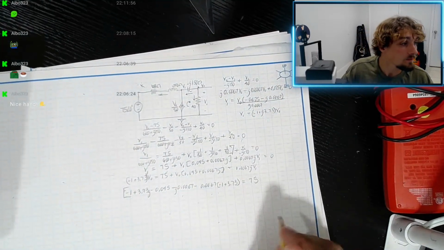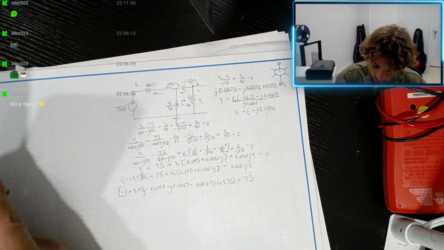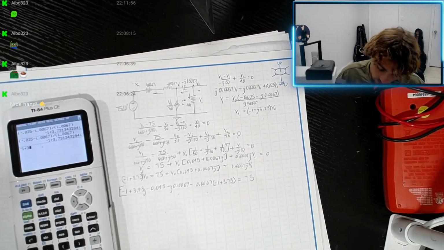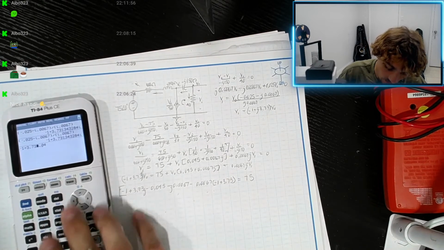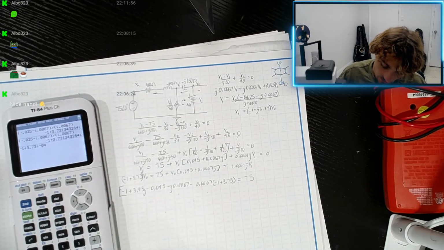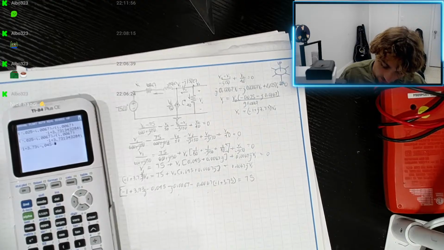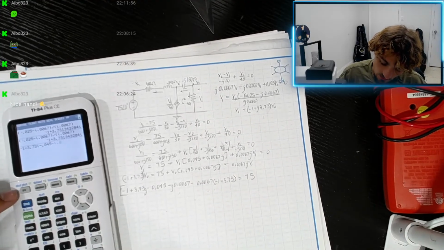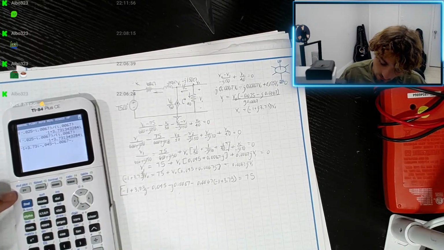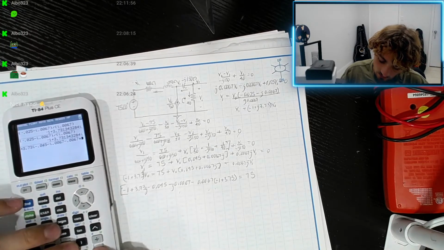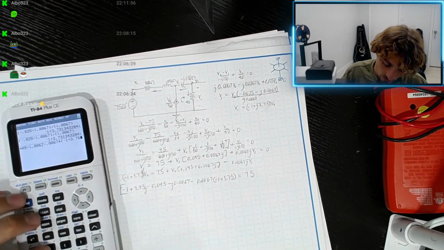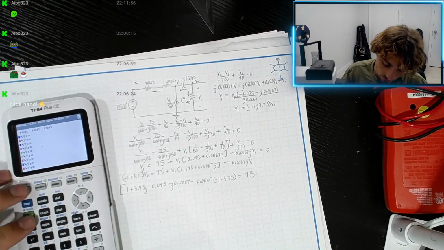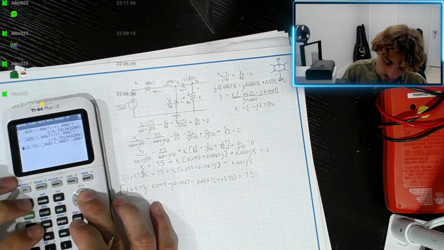There. So negative 1 plus 3.73 J minus 0.045. Oh wait, I forgot the minus 0.045 minus 0.0067 minus 0.0067 J multiplied by negative 1 plus 3.73 J. That's awesome.